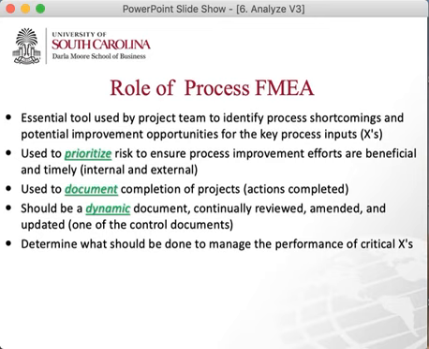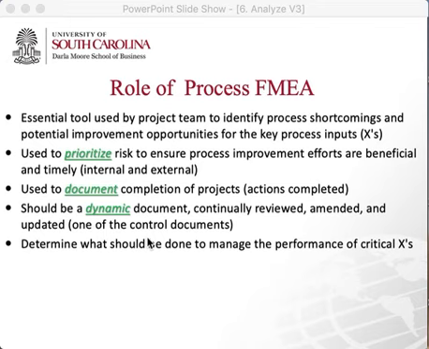You want to prioritize, you want to have everything documented, and it's a living document. Things change, you implement things, things move around. We're going to list a bunch of failures that can happen, but the process can change, so you have to keep it as a living, breathing document that you update, okay?